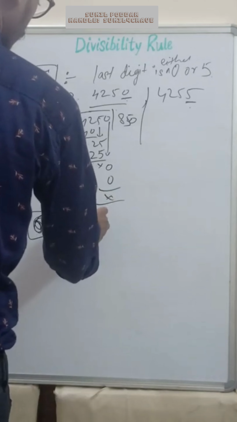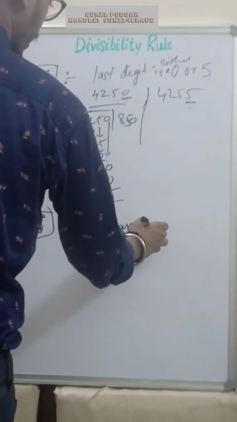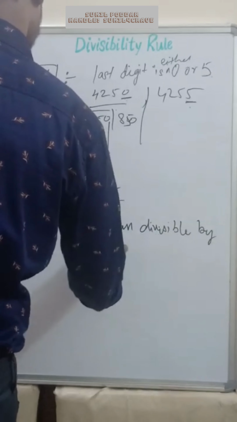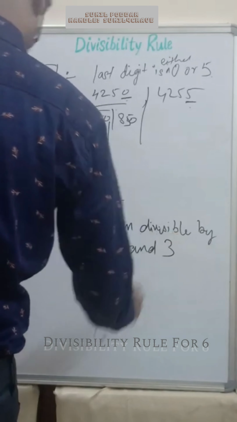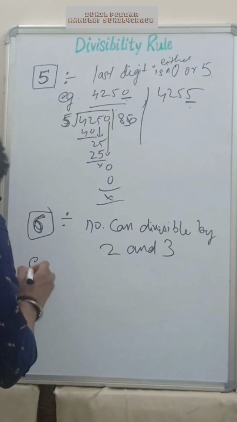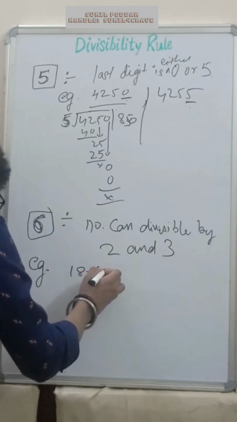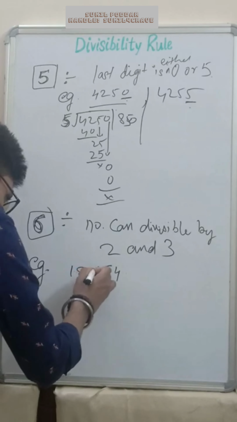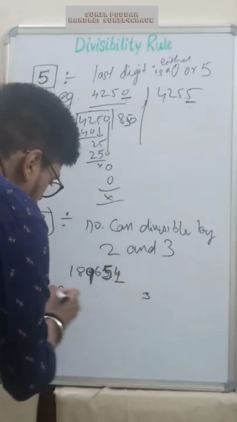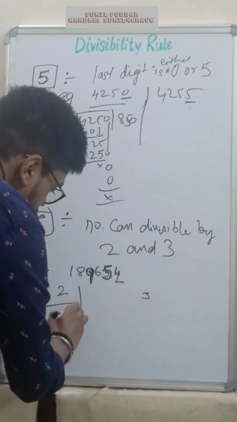The number can be divisible by 2 and 3. Let's take an example: 189654. Here it is divisible by 2, as we know, because the last digit is 4.